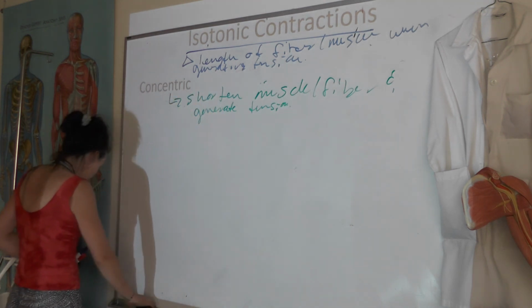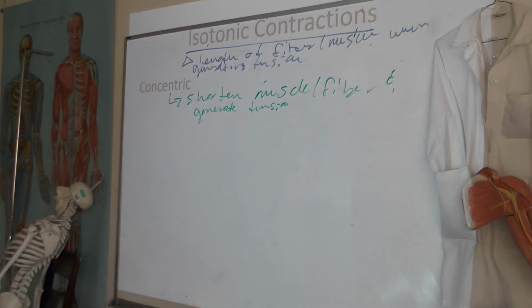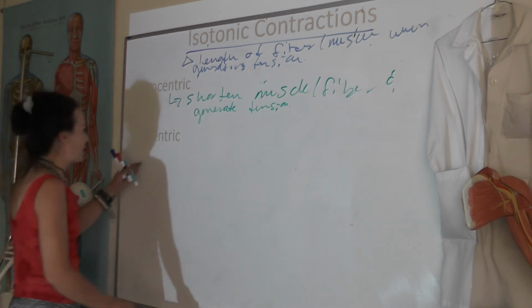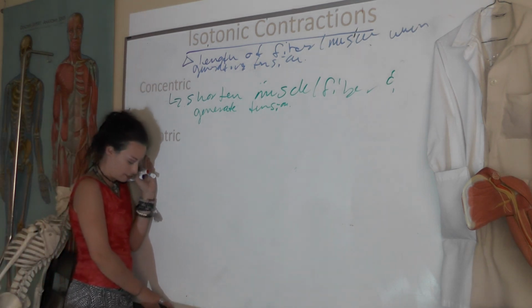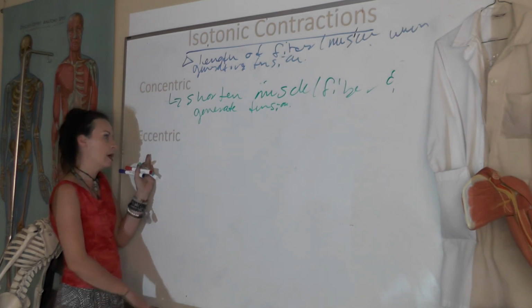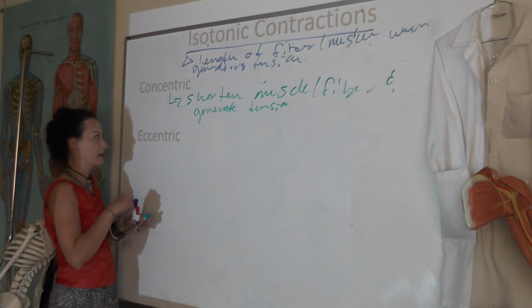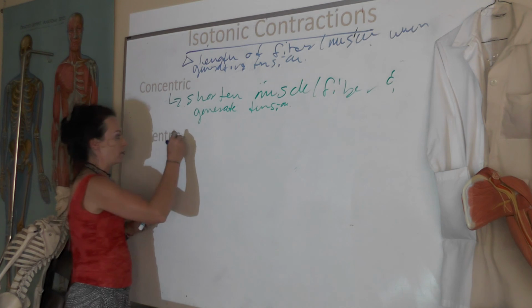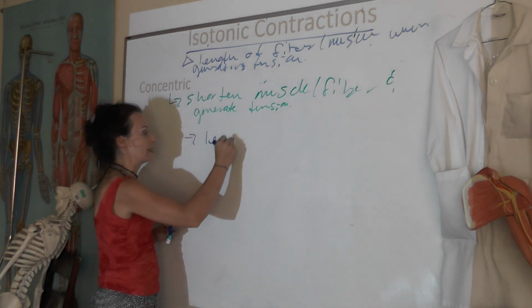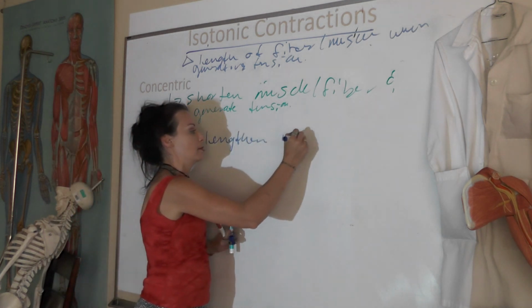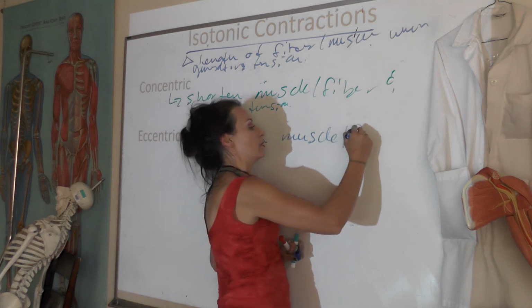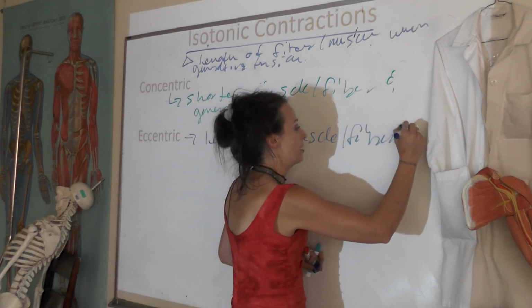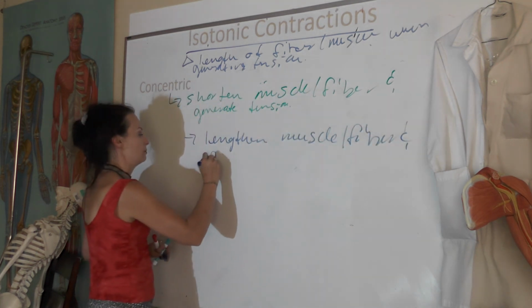But it's also possible that I do an eccentric contraction, and in an eccentric contraction, I'm actually lengthening the muscle or the muscle fibers as I'm generating tension. So let me write that out and then we'll talk about it. So I lengthen the muscle or the fiber and generate tension.